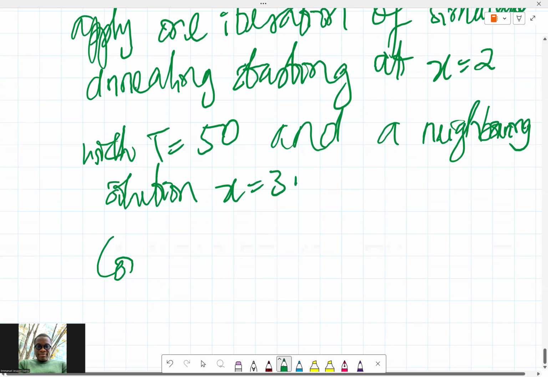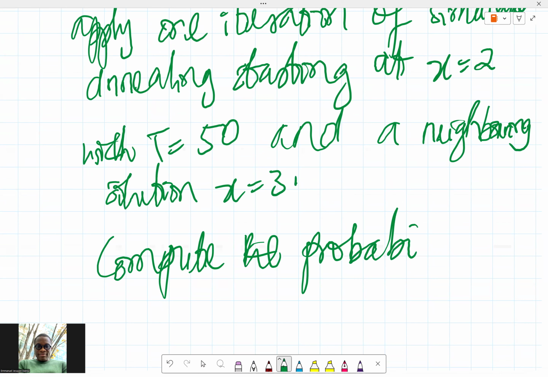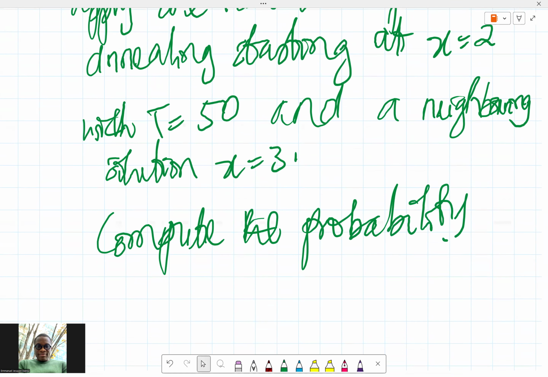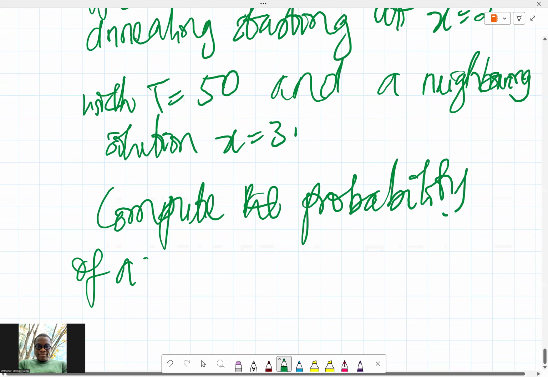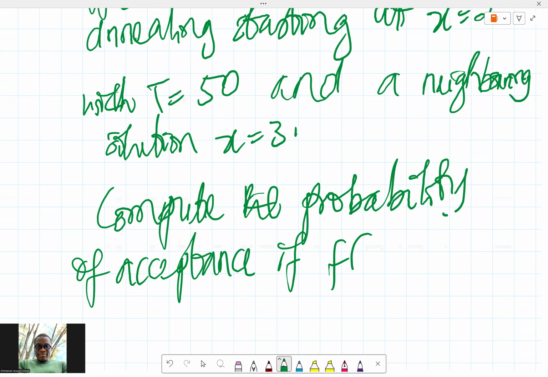Compute the probability of acceptance if f of 3 is greater than f of 2. That's the idea with simulated annealing right there. Don't forget, you can use Python or any other programming language to find this out.